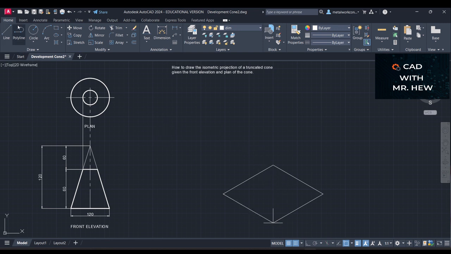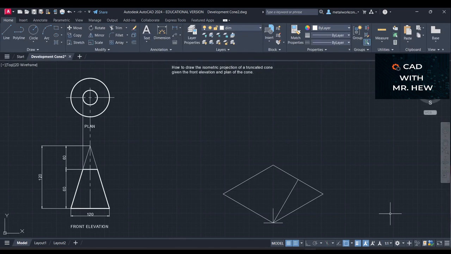So we're going to draw another line from here, and we want it to be 60 degrees to the horizontal. So let's say it's 150 at 60. Good.